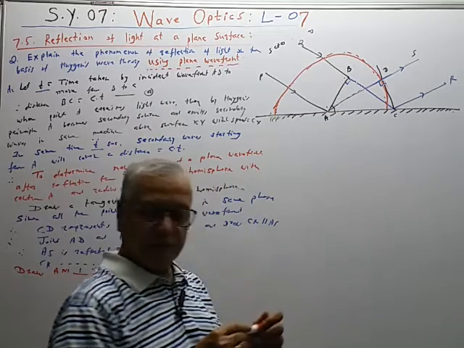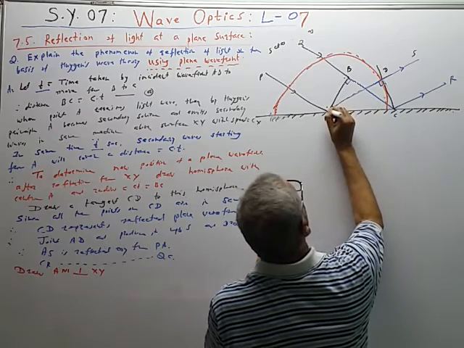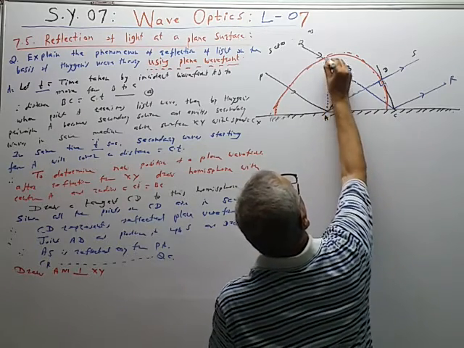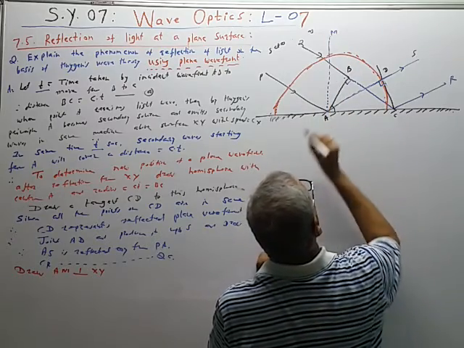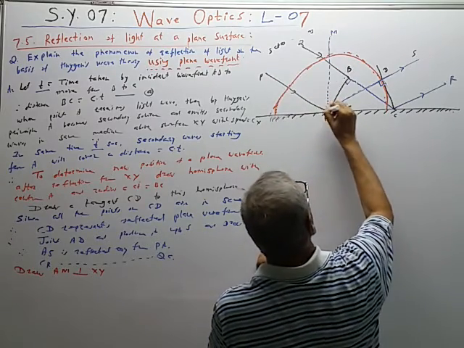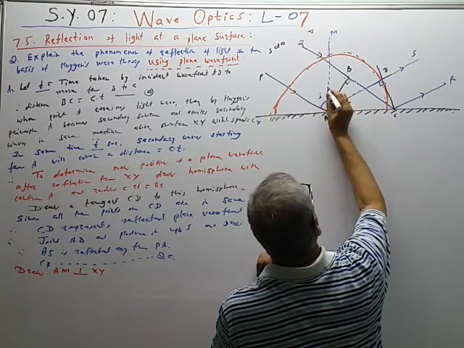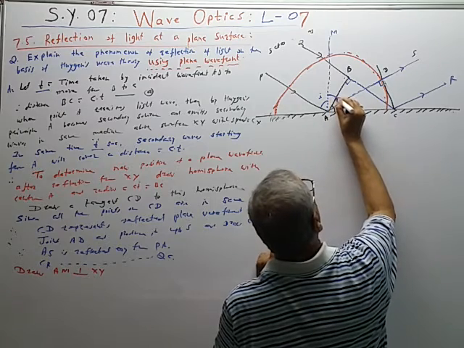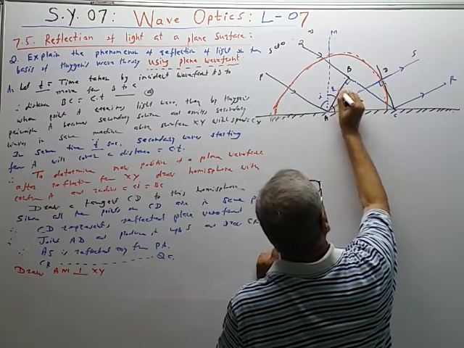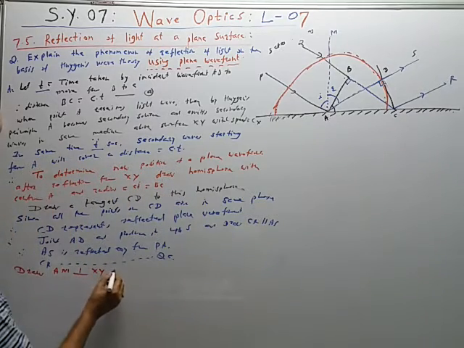So I will draw a perpendicular here. The angle between the incident ray PA and the normal is called the angle of incidence I. The angle between the reflected ray and this normal is called the angle of reflection R.